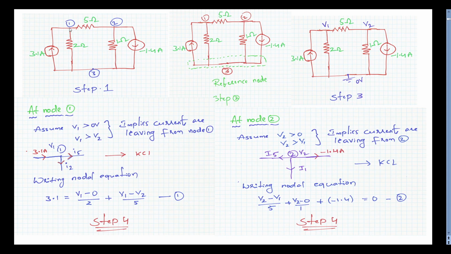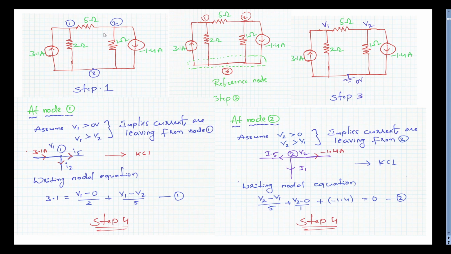Here I marked node 1. To this node 1, 3 elements are connected. Now come to node 2, 3 elements are connected. Now come to node 3, 4 elements are connected. In this circuit, node 3 has the most elements connected to it.